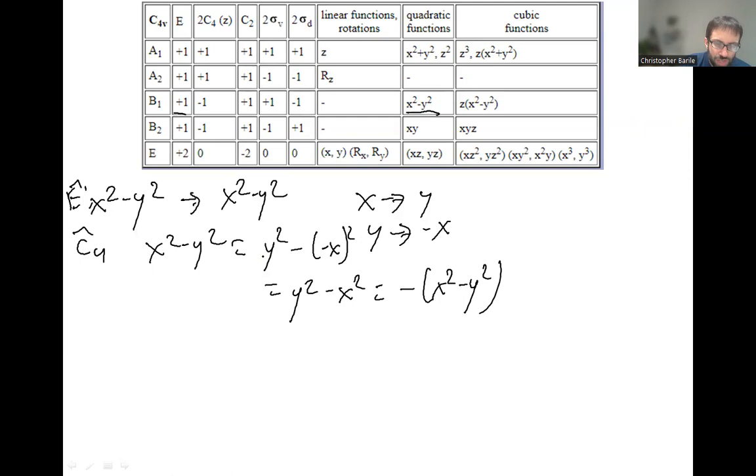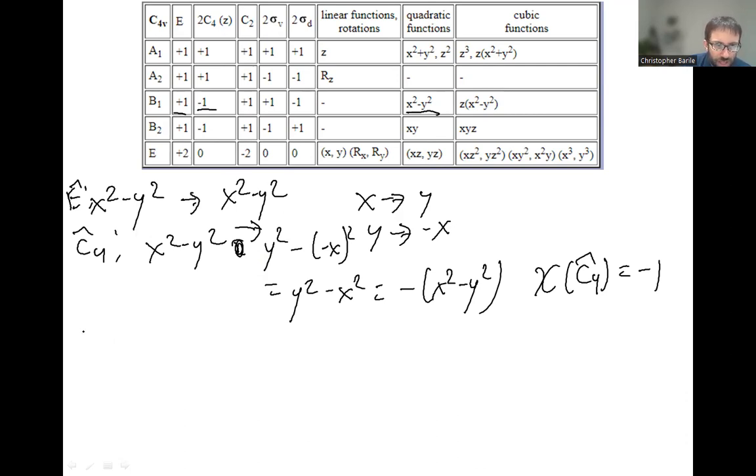So x squared minus y squared ended up going to a negative of itself. So that tells us the character must be equal to negative 1. And indeed, we get a negative 1 there. So that's sort of the crux of it. That's the interesting part here.